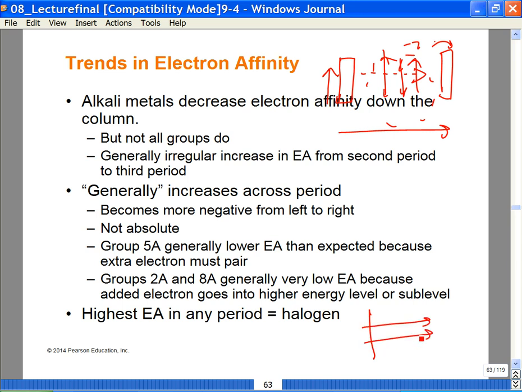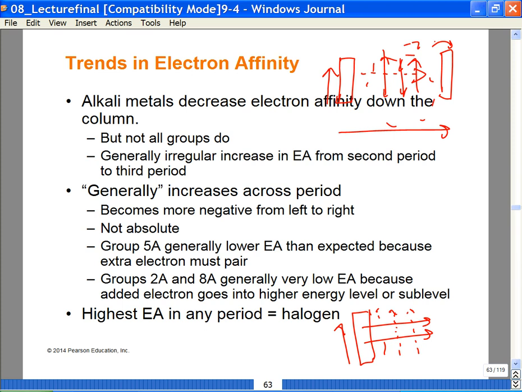You can generally say that going from left to right increases electron affinity. You can say that going from bottom to top in the first column increases the electron affinity. But it's difficult to say what happens with electron affinity going from bottom to top in the other columns.